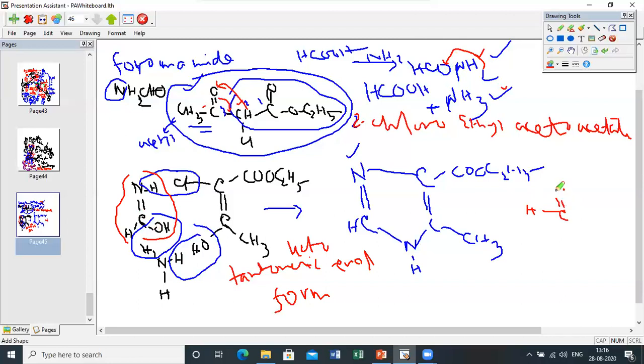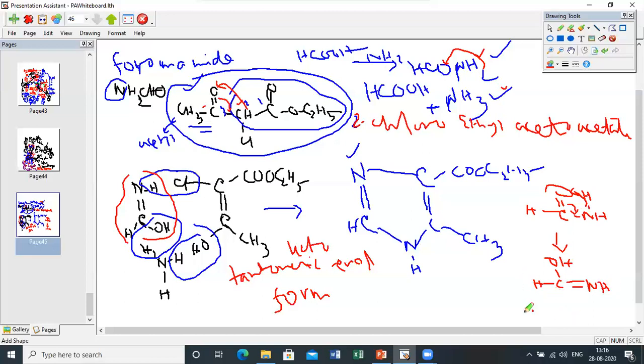So this hydrogen goes here and this bond comes here. So it becomes H C OH double bond.